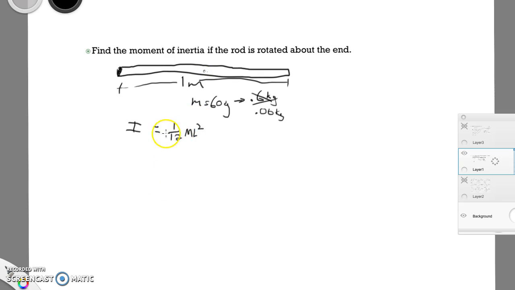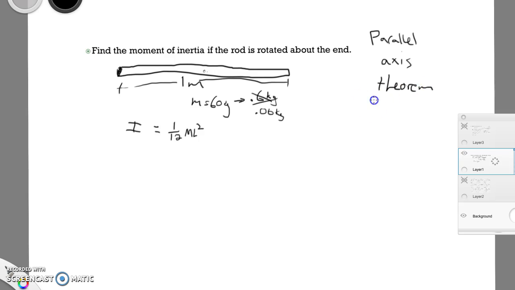Fortunately, there's another tool that we can use here called the parallel axis theorem. What that does is it allows us to account for the fact that we're not rotating at the center of mass.